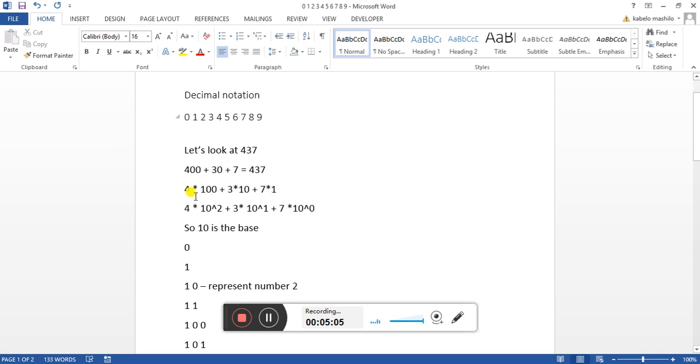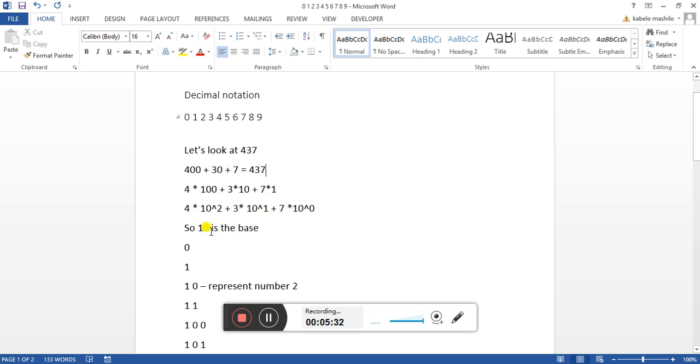We could further break down the 4 times 100 as 4 times 10 to the power 2, plus 3 times 10 to the power 1. Any number raised to the power 1 gives you that number. So 3 times 10 to the power 1 will give you 30, and then plus 7 times 10 to the power 0, which is 1, so 7 times 1.